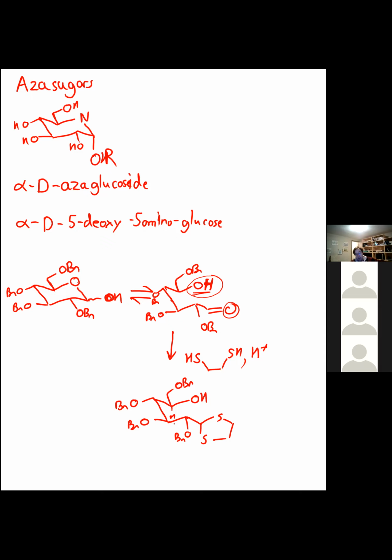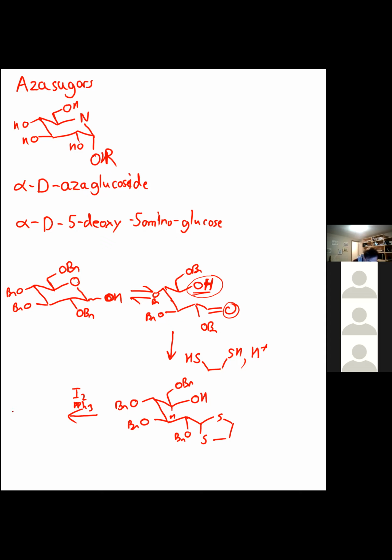And so actually a good way to do that is a Garegg iodination, because that is an SN2. So if you remember what that was, iodine, triphenylphosphine, and I'm blanking, and I think it's just iodine and triphenylphosphine.